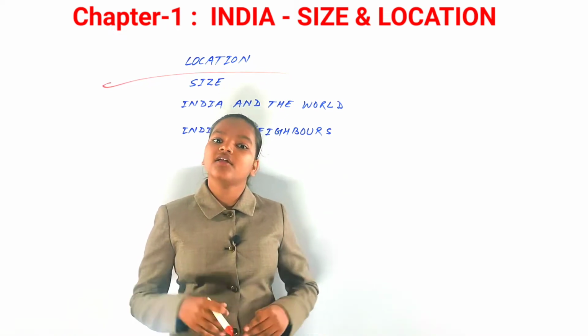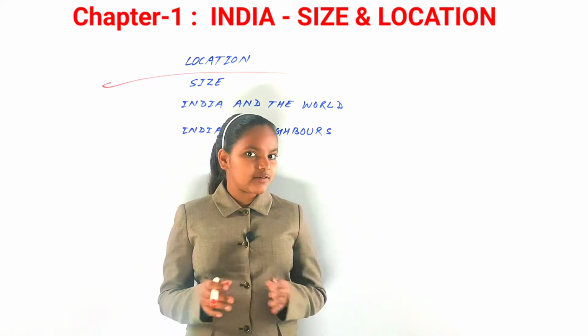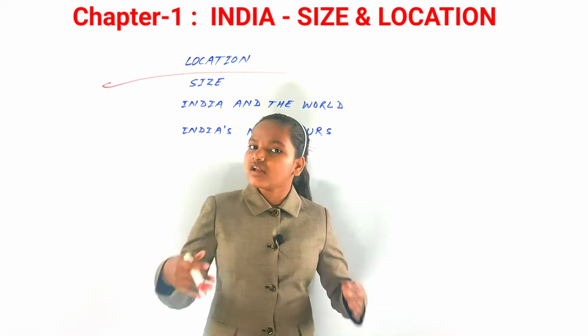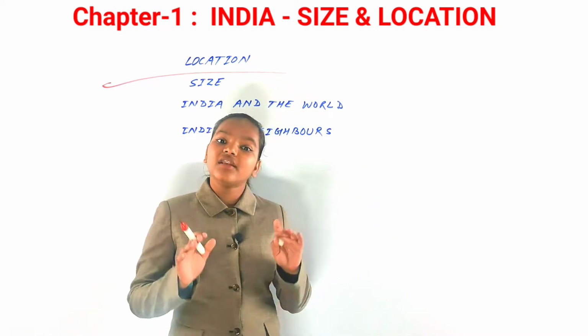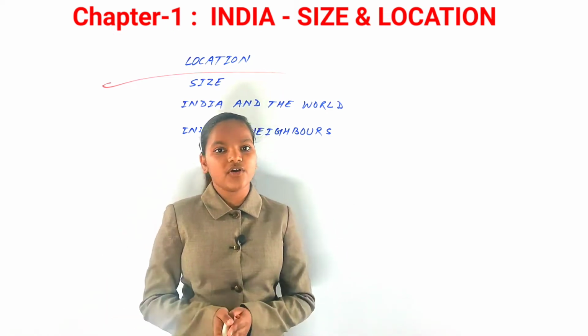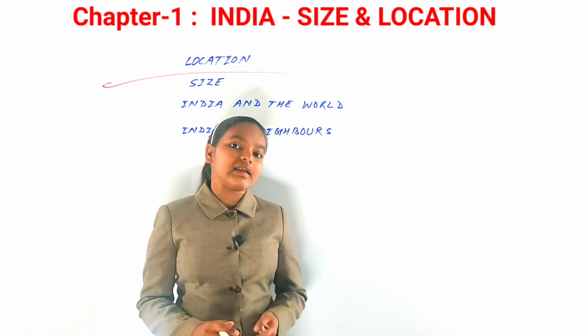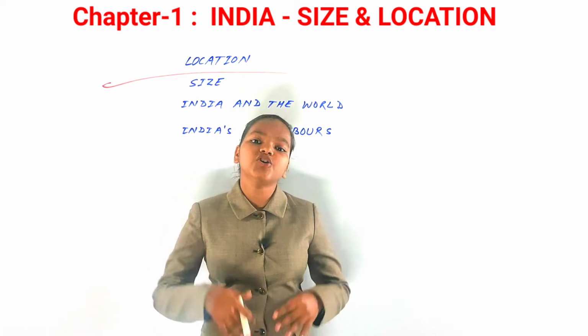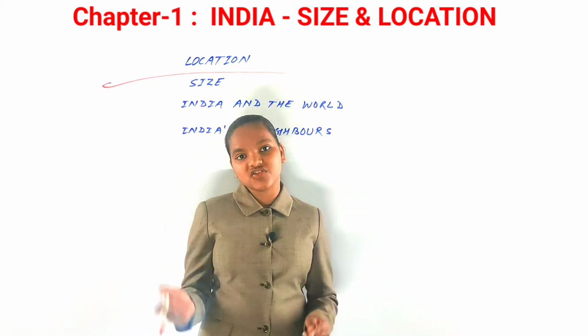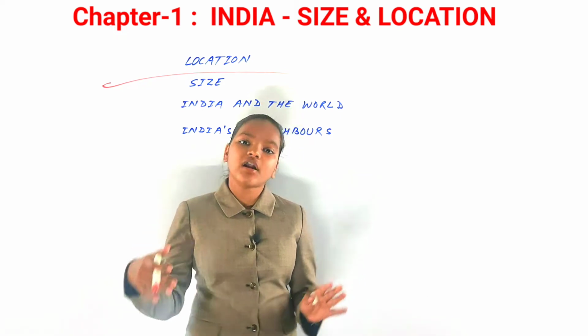As you have studied, there is the northern hemisphere and the southern hemisphere. India lies in the northern hemisphere, specifically the northeastern hemisphere, in the north and east part of the world. There are longitudinal and latitudinal extents to find the location of our country.